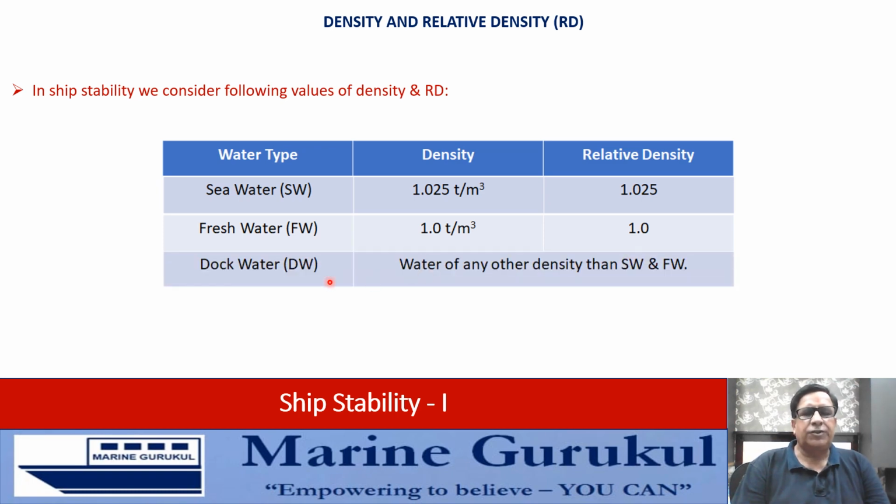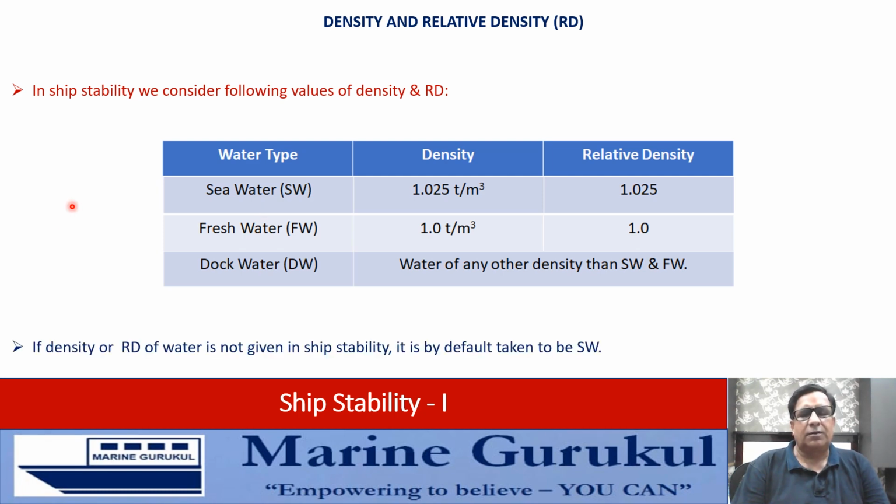If the water in question is dock water, it shall be any water of any density other than sea water and fresh water. If in ship stability the density of the water is not stated, then by default the water shall be construed to be seawater of density 1.025 tons per cubic meter or relative density 1.025.